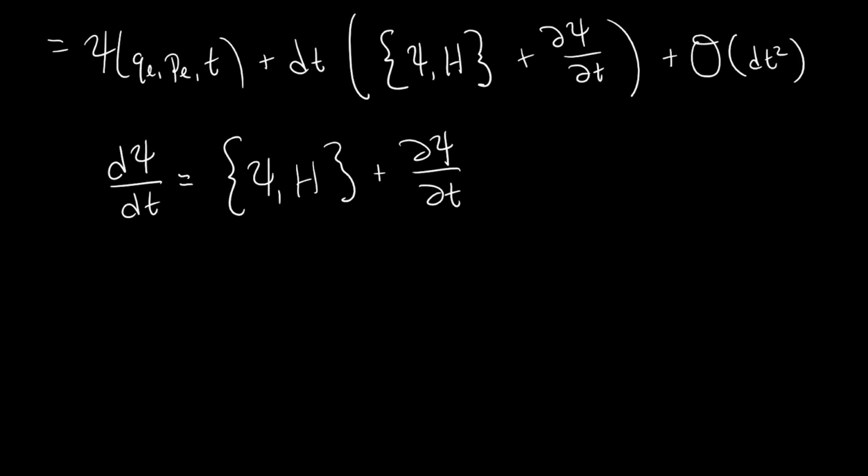So again, this here, H, as long as we have a conservative system, H is a function of q and p only. Which means that this Poisson bracket, which is essentially giving us how our system evolves through time, is just a canonical transformation.